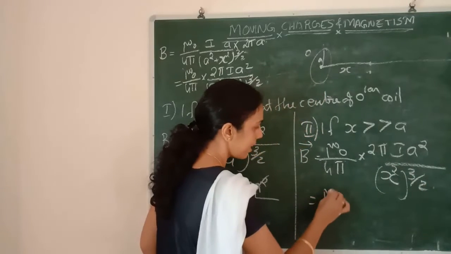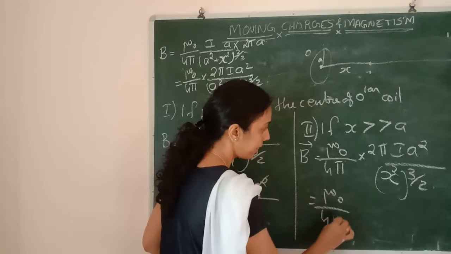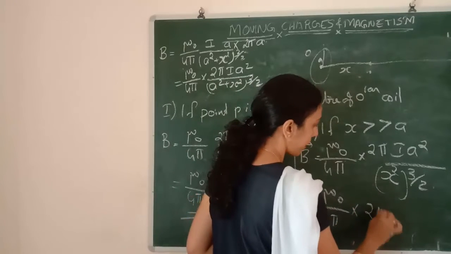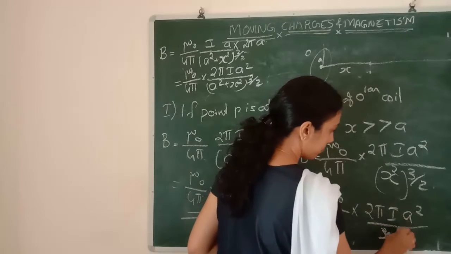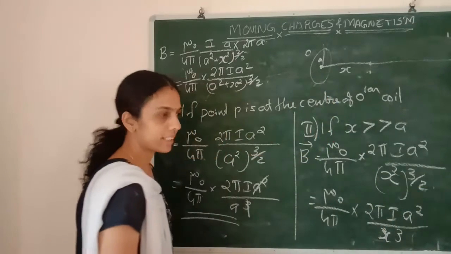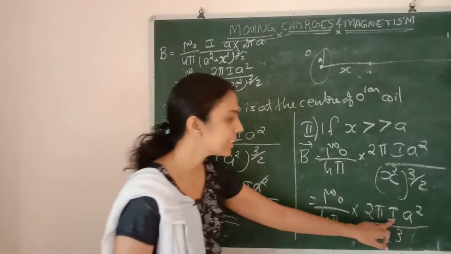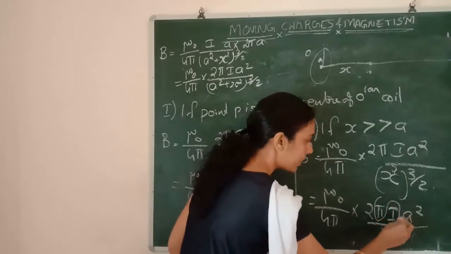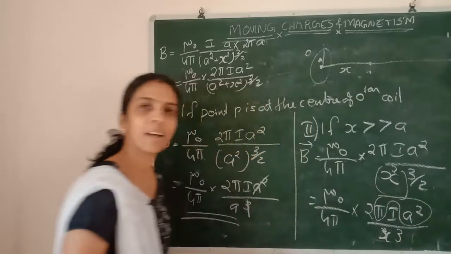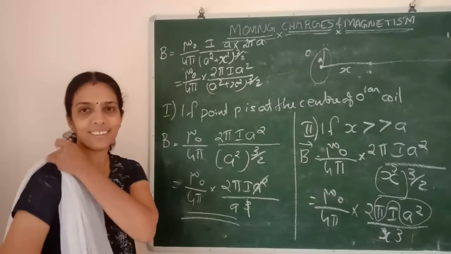You will get mu 0 by 4 pi into 2 pi I a square divided by x cube. 2 and 2 will get cancelled. What is this pi a square? Pi r square is the area, isn't it?